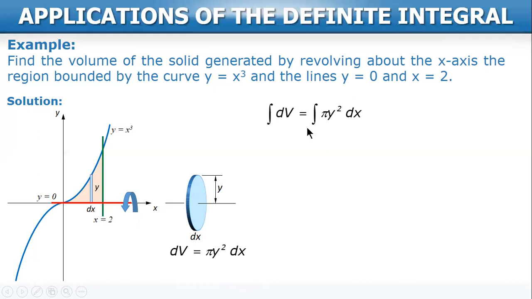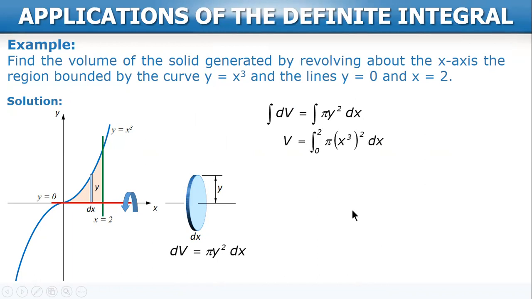So let's integrate. Integral of dv equals integral of pi y squared dx. So all you have to do is replace y by x since dx man. You get it from the equation y equal to x cubed. And then for our limits, values of x also, kay dx mo. So our boundaries are x equal to 0 to x equal to 2.